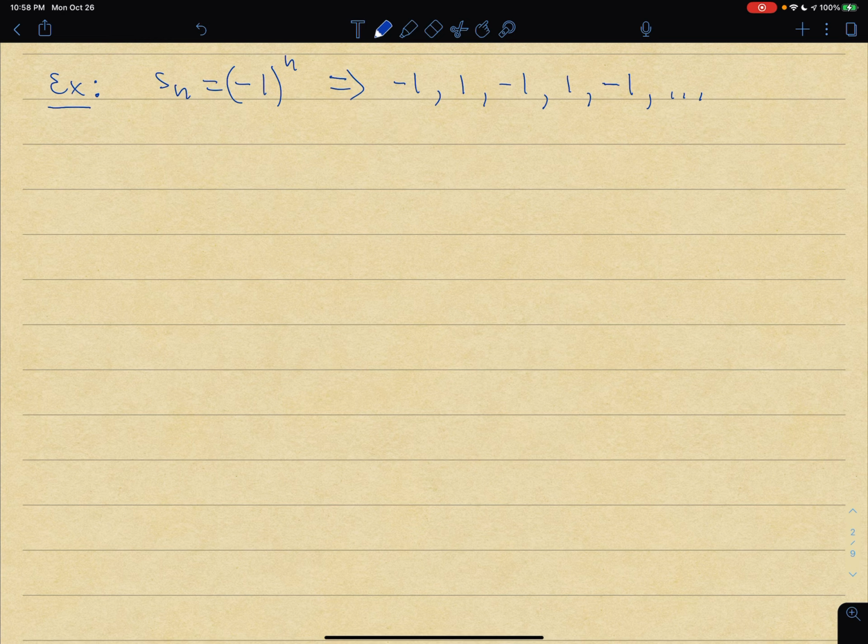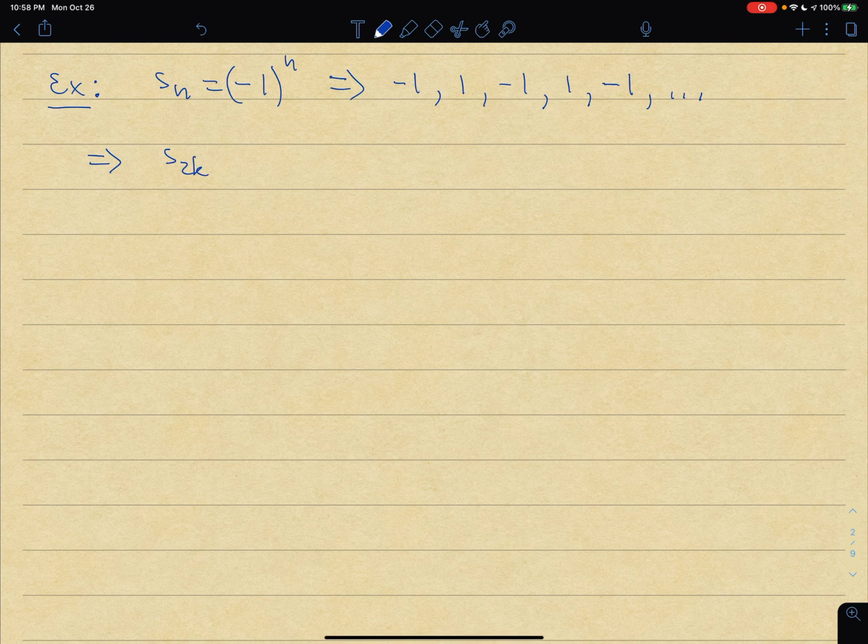How do I pick the elements with an even index? Those elements are S_2k.